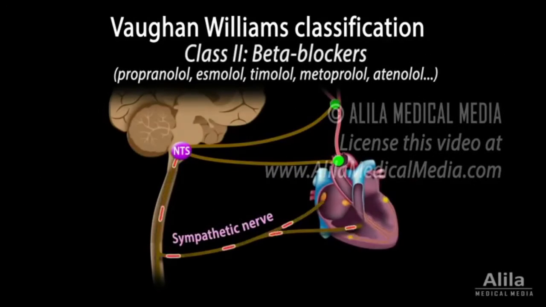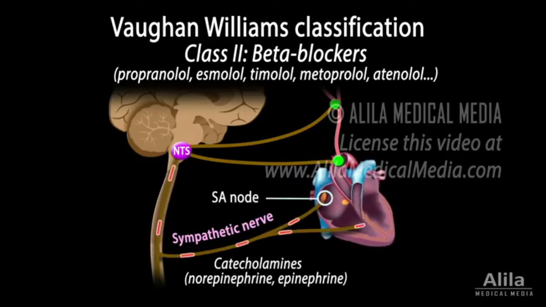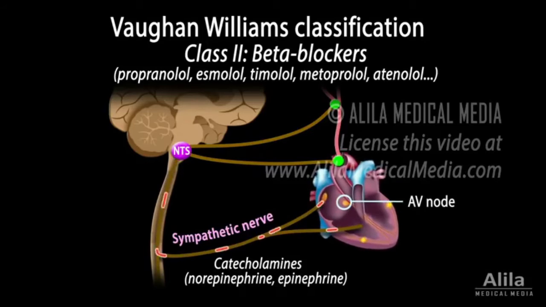Class 2, beta blockers. These drugs bind to beta-1 adrenergic receptors and block the sympathetic influences that act through these receptors. Sympathetic nerves release catecholamines, which act to increase SA node firing rate and cardiac conductivity, especially at the AV node. These activities may precipitate arrhythmias.